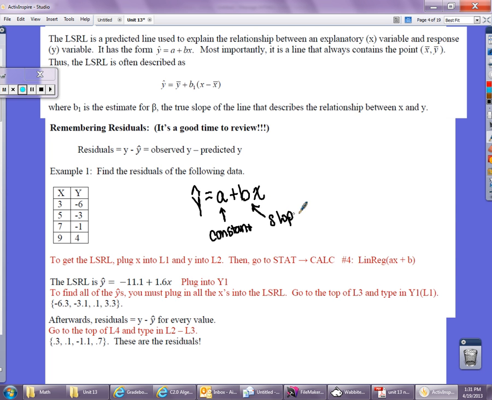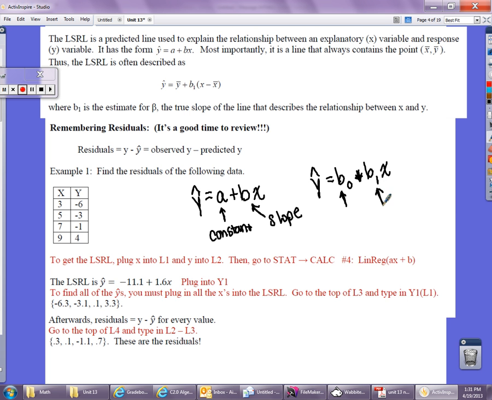Now, in Unit 3 we talked about how y hat equals b sub 0 plus b sub 1x is also the same thing.